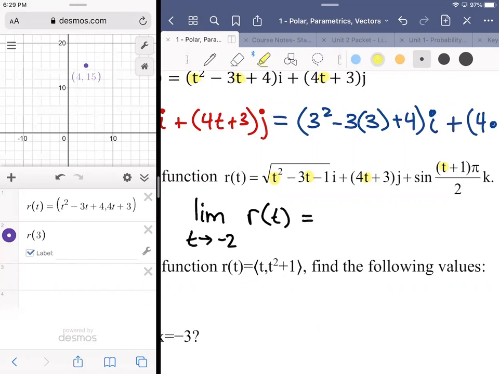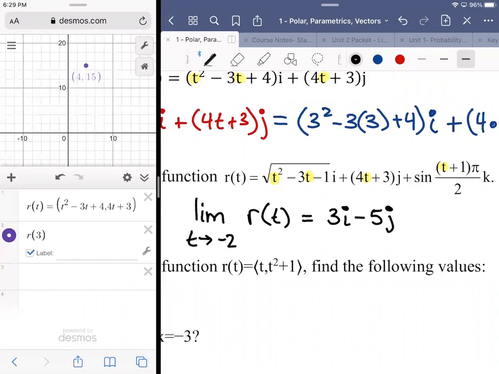All right, that's defined. So 4 plus 6, so 10, minus 1 is going to give you a 9. Under the radical is going to give you a 3. So 3i. 4 times -2 is -8, plus 3 is -5. Then for the sine function, -2 plus 1 is -1. -1 times pi over 2 is -pi over 2.